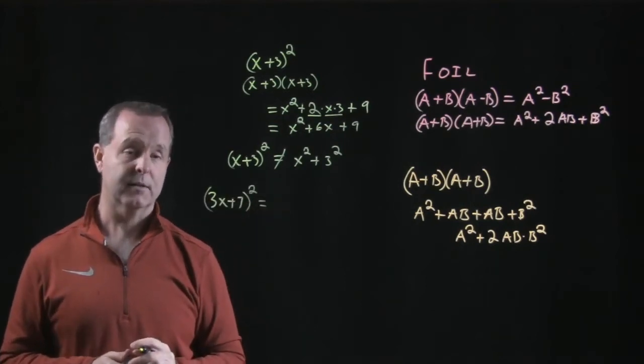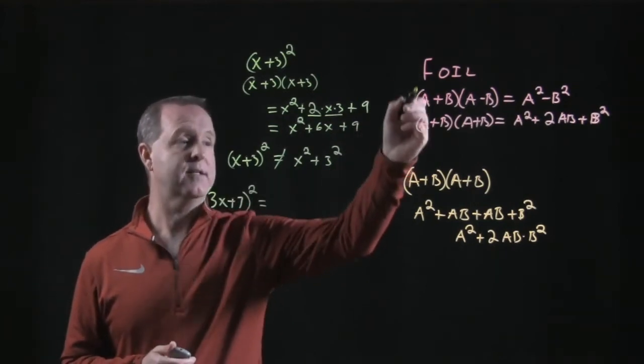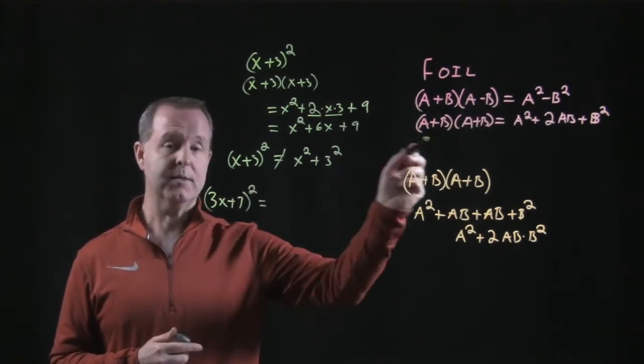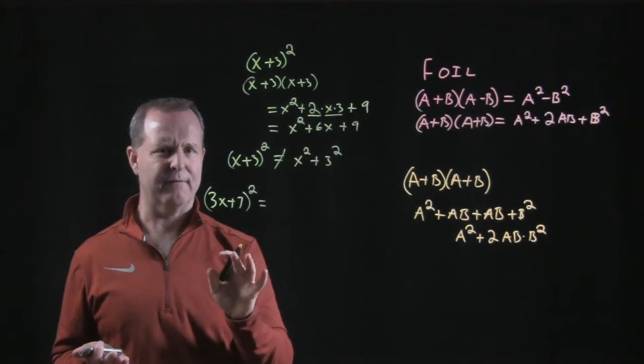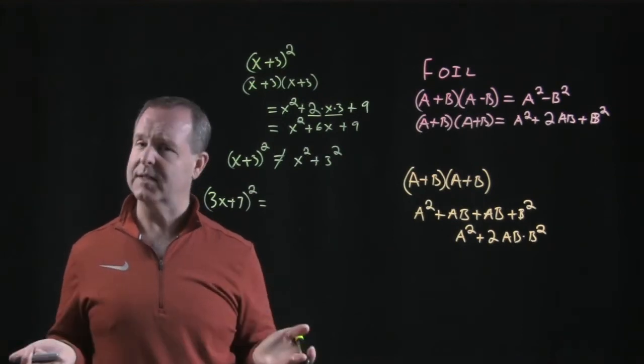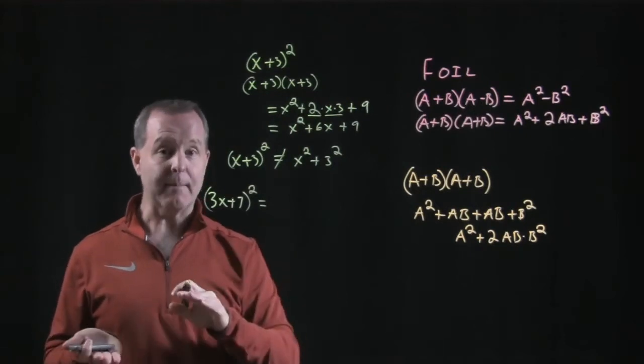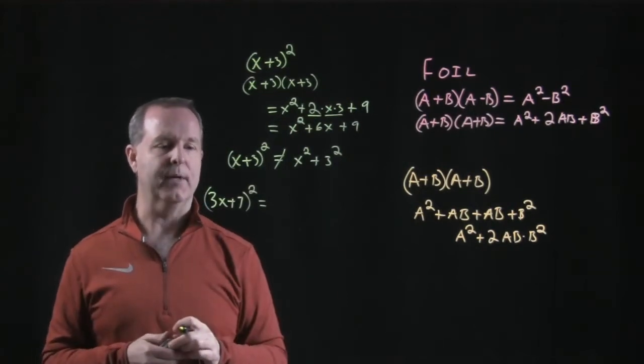Let's try 3x plus 7 squared. I notice that fits one of these 3 special products, this last one, so I can use that formula. And again, it's not really a formula, it's just a pattern that we discovered over time. And when we discover a pattern over time, we can use it to scoot us ahead a little bit quicker.